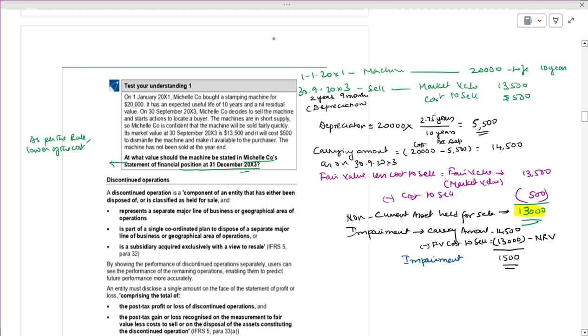How much? Lower of the cost is 13,000. Will we show it in current assets or non-current assets? We will show it in the current assets.